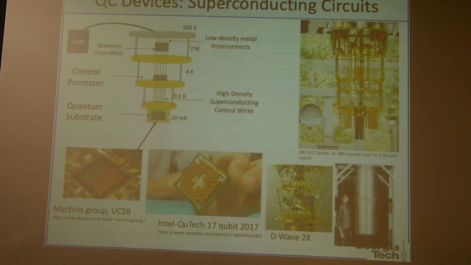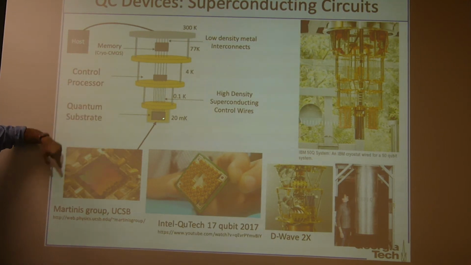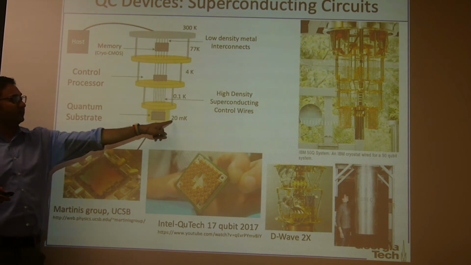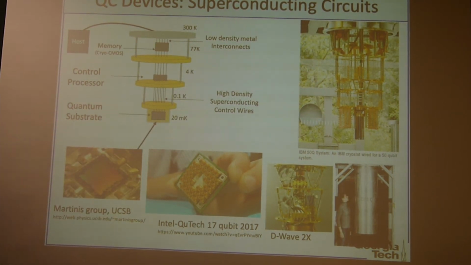The other thing is superconducting circuits, and this is how the setup looks. One of the things about superconducting qubits is that you need to operate them at extremely low temperatures. For example, here you have 20 millikelvin. And what is room temperature? How many kelvins is room temperature, do you know?